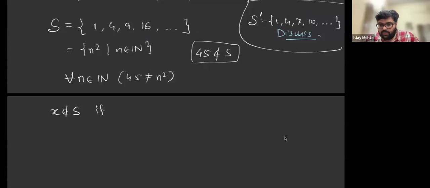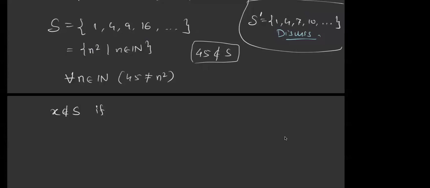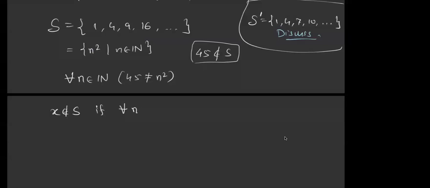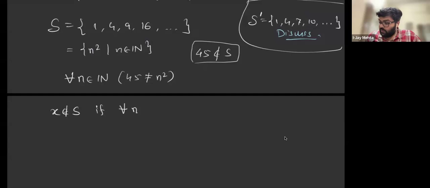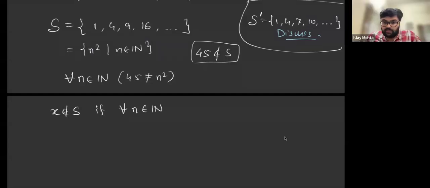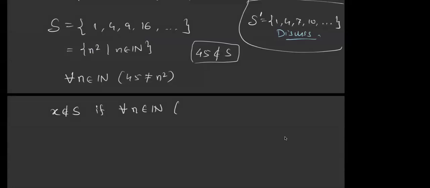Pritika, room number 3. For all n, there won't be any n square. For all n in natural numbers, you have to be precise. For all n in N, such that n square does not belong to S.